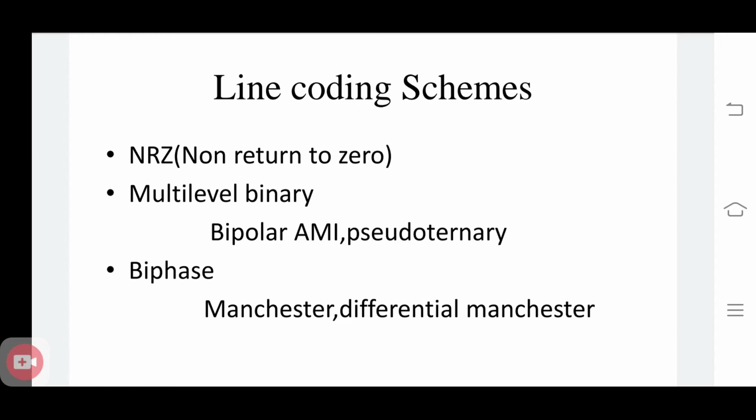So the first portion of module 3 is the digital to digital conversion, in which you study the line coding schemes. The main line coding schemes in your syllabus are non-return to zero, NRZ, multi-level binary, in which two cases are the bipolar AMI and pseudo-ternary, and biphase, in which two cases are the Manchester and differential Manchester.